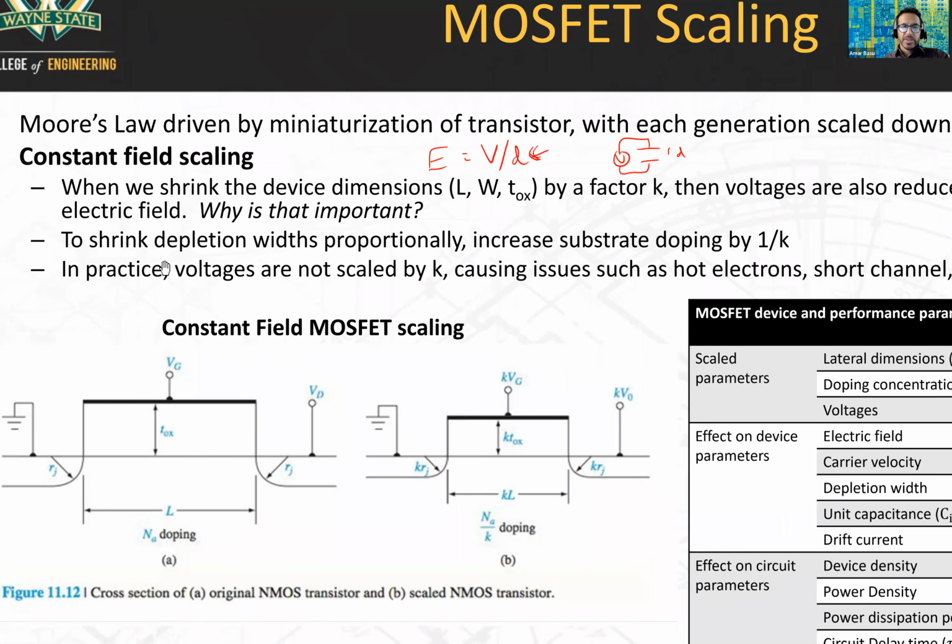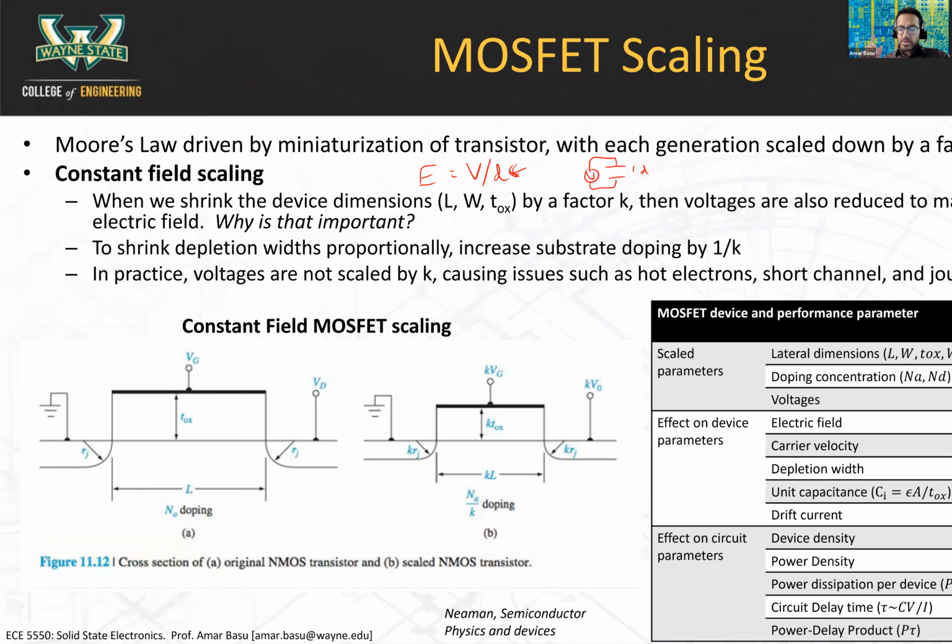Now, the reason we do this is because in order to shrink the depletion widths, you have to increase the substrate doping by 1 over K. The equation for depletion width has the square root of voltage in the numerator and the square root of substrate doping in the denominator.